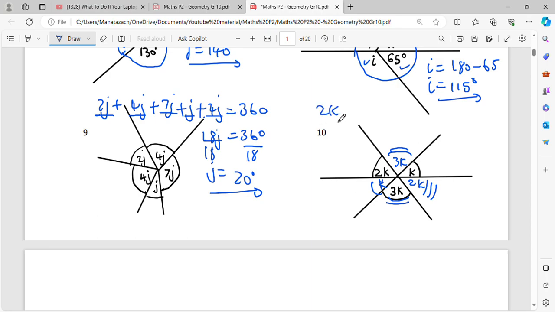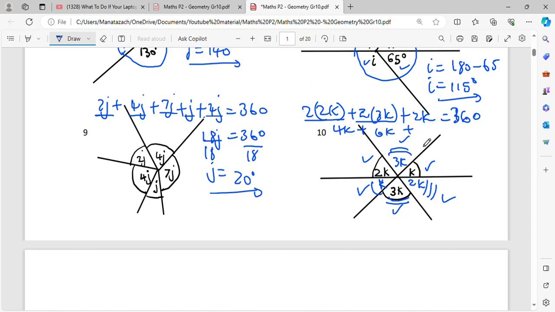We'll have 2K, which we have 2 of them, and then 3K, which we have 2 of them, plus we have 2Ks, so we'll say 4K plus 6K plus 2K is equal to 360.